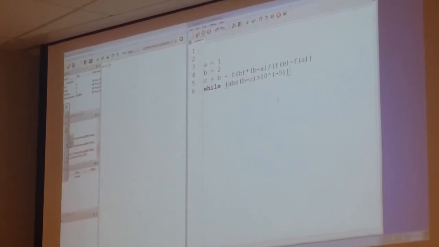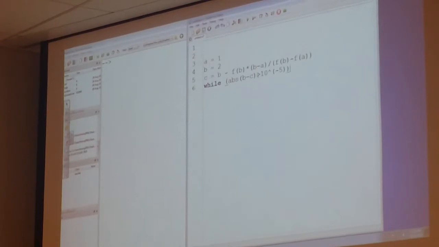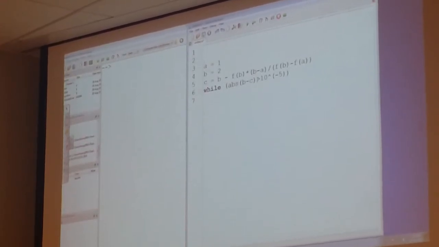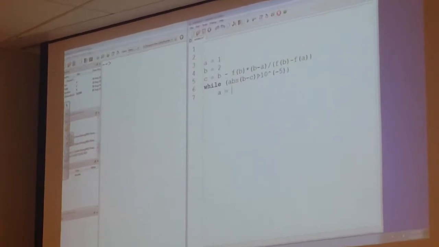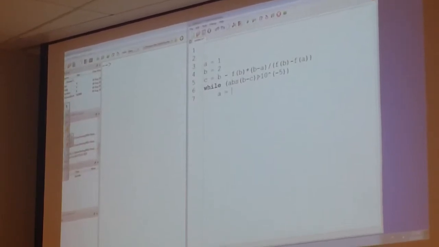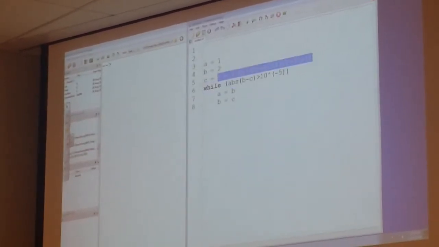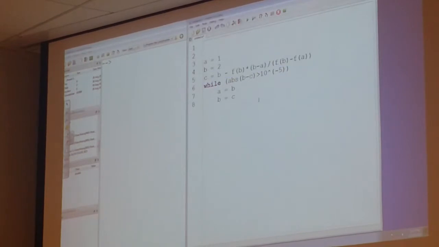If B and C are not close, still big, you need to update A and B. What is A equal to then? A equals B, and B equals C. After I update this, I need to find my new C again.